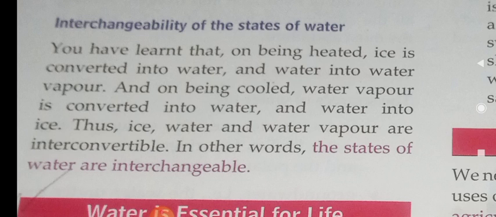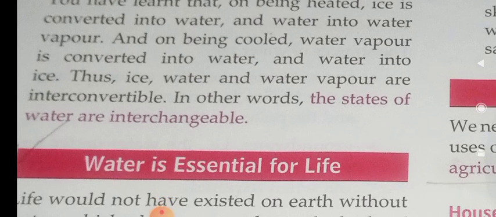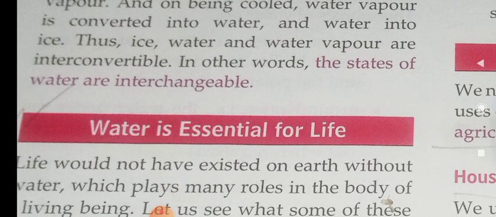Okay, the interchangeability of the states of water. We can change one state of water into another state. On being heated, ice is converted into water and water into vapor. And on being cooled, water vapor is converted into water and water into ice. Thus, ice, water, and water vapor are interconvertible.